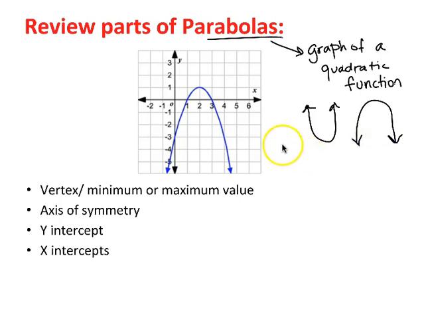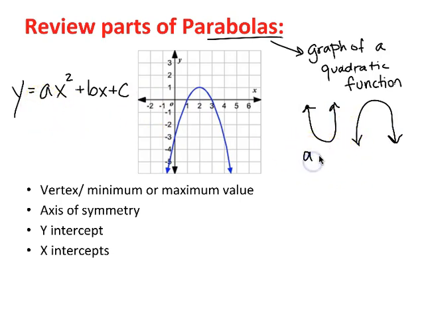Let's write down our general equation for a quadratic function. It's going to look like this, where a, b, and c would actually be numbers. So if we have y equals a times x squared plus bx plus c, we can tell if our parabola opens up or down based on that a value.